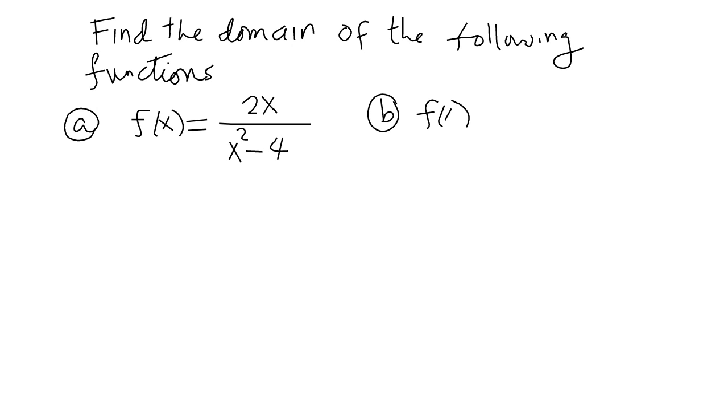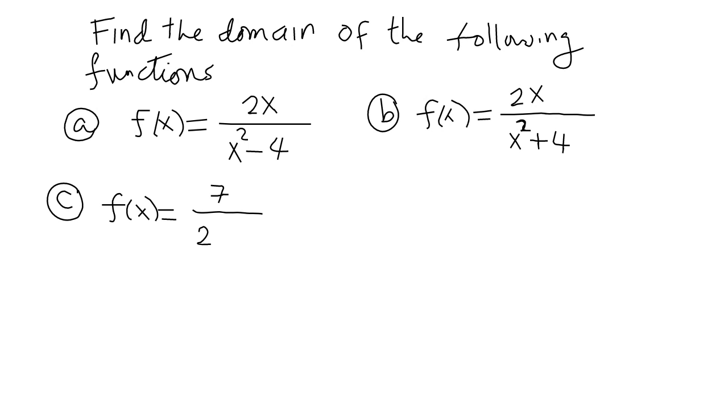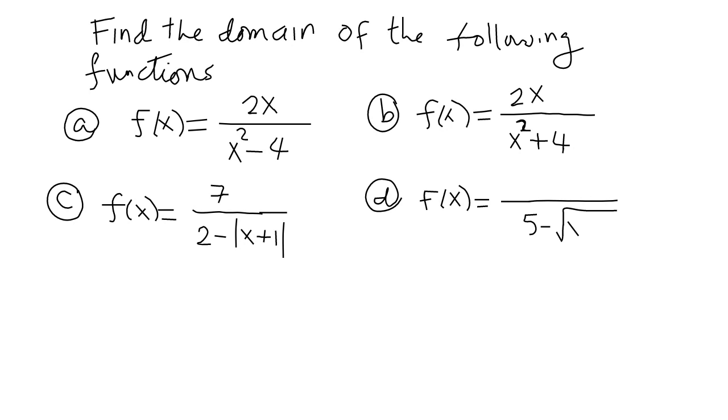Let's take f of x equals to 2x over x squared plus 4. f of x equals to 7 divided by 2 minus absolute value of x plus 1. f of x equals to 5 minus radical of x... I'm sorry, I don't want to deal with radical yet. So this is enough.